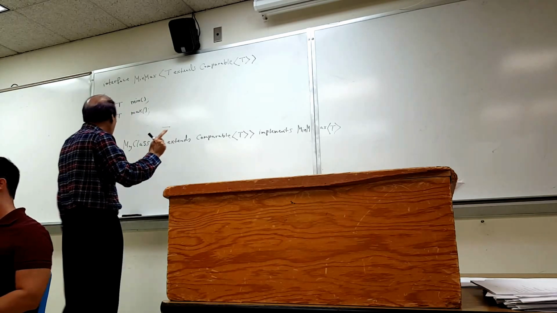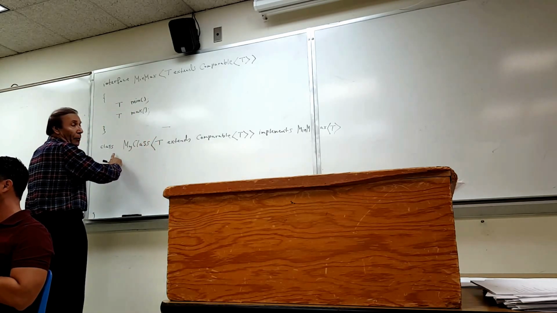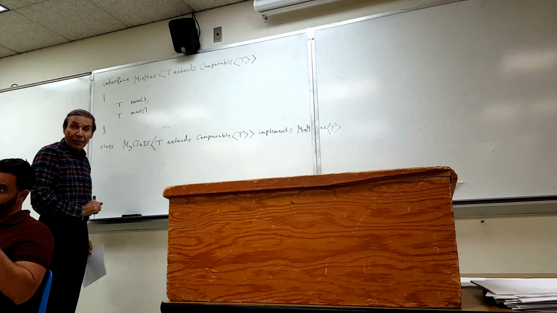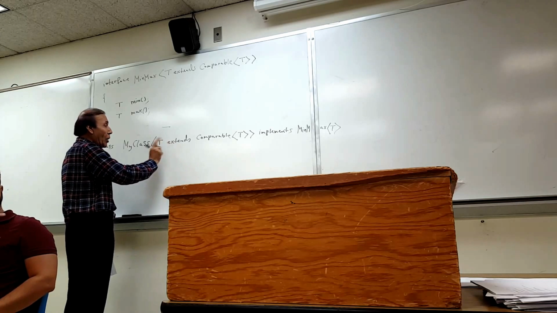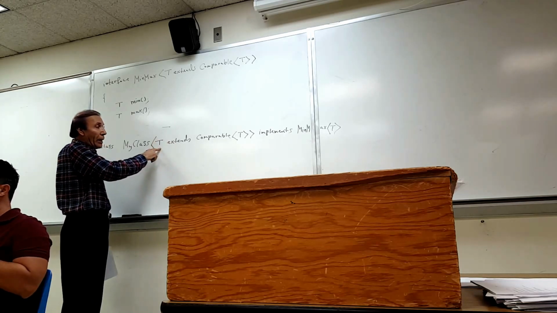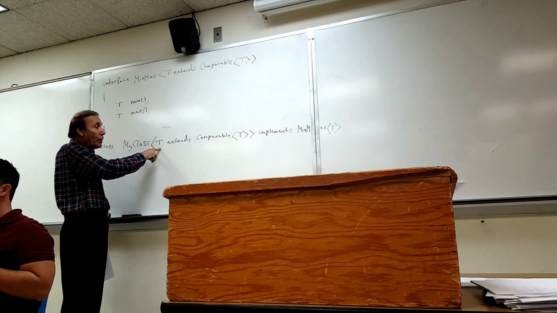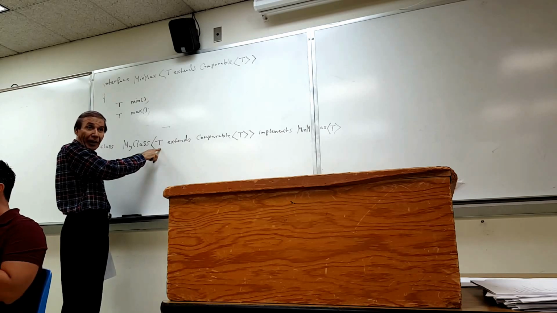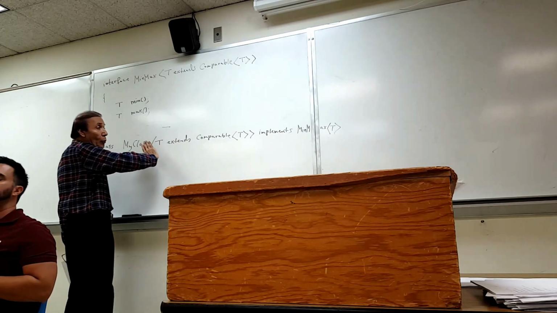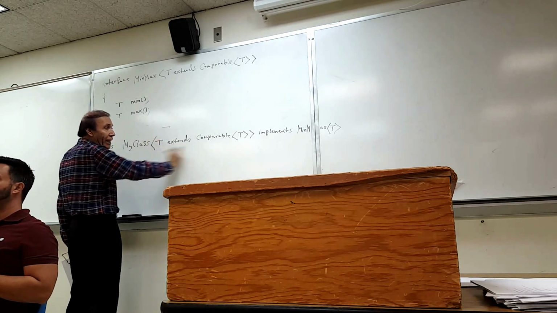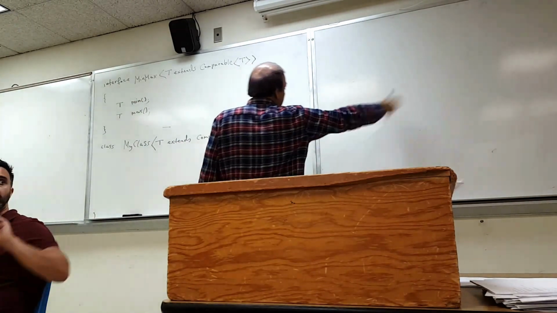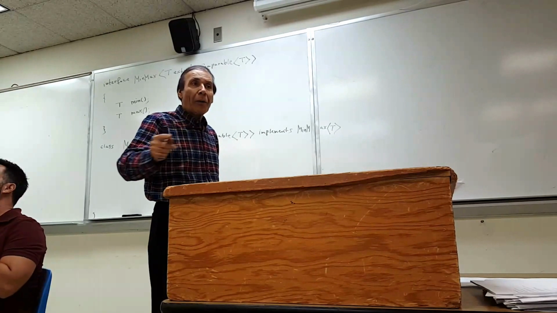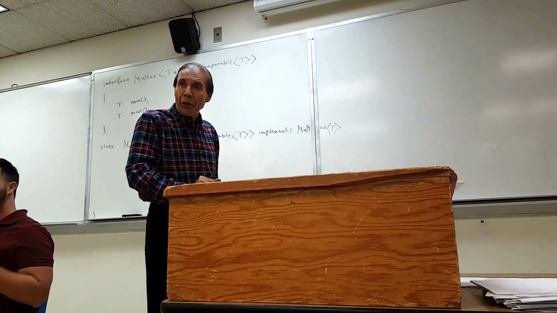Because the compiler reads from left to right. When it comes over here, at this moment the compiler should know the binding or limitation for T. If you just put T here and come over there and say T extends Comparable, the compiler right away gives an error message.